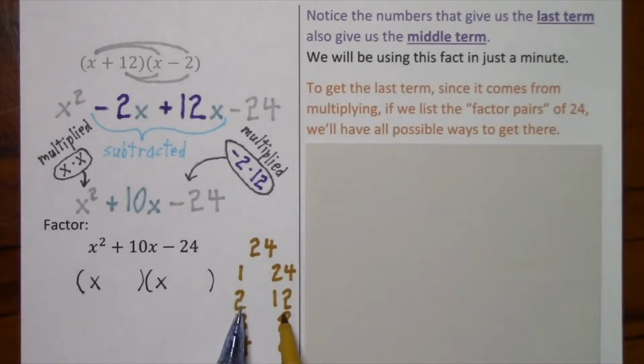So now, whichever factor pair we grab, if we plug it in here and here, we can be sure that when we multiply, we'll get 24.